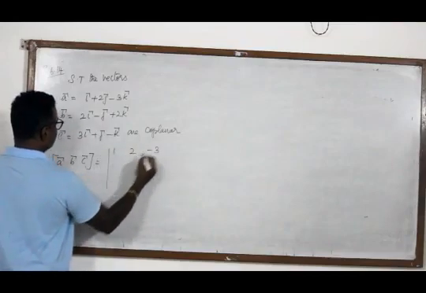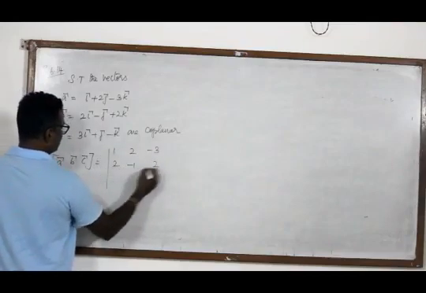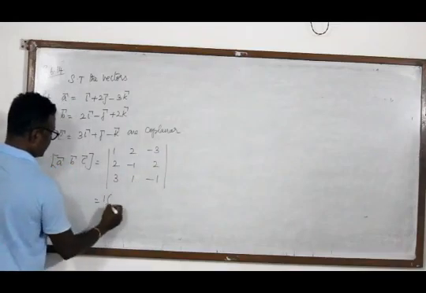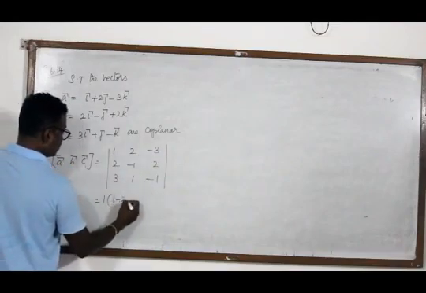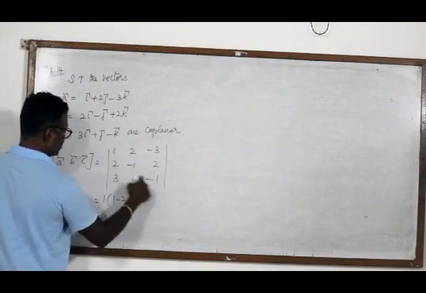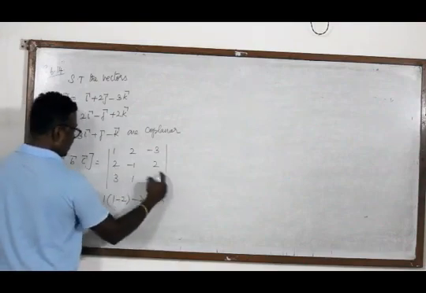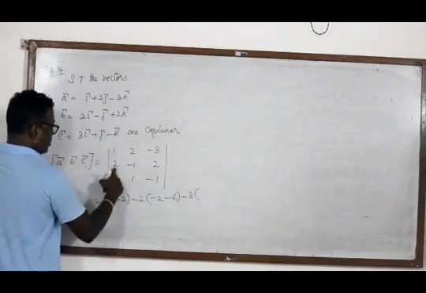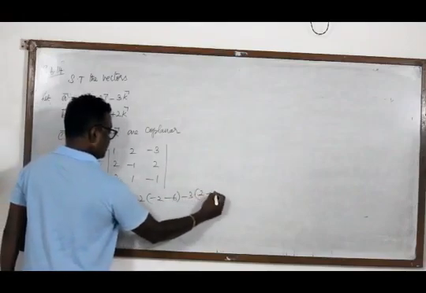1, 2, minus 3; 2, minus 1, 2; 3, 1, minus 1. So it is 1 into (1 minus 2), minus 2 into (minus 2 minus 6), minus 3 into (2 plus 3).